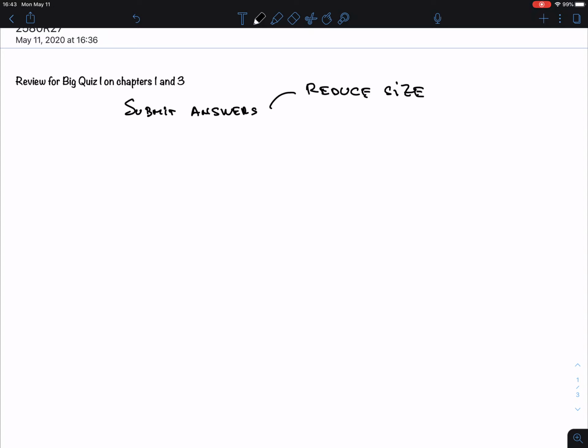So reduce the size, or submit various questions separately. You are allowed to do that. You can send me 1 or 2 or 3 emails to reduce the size of each email.